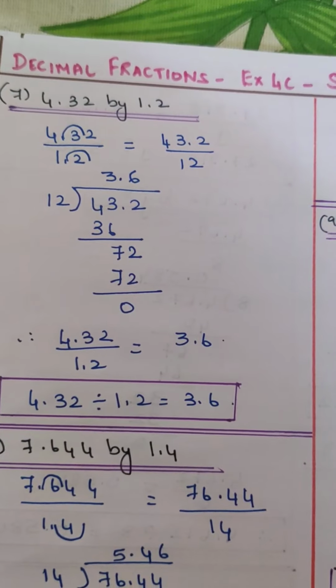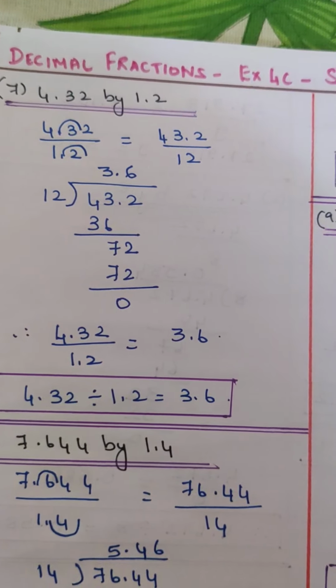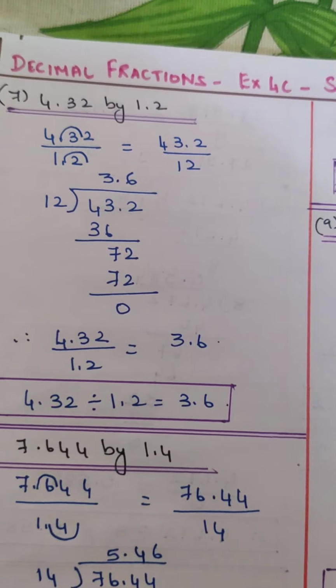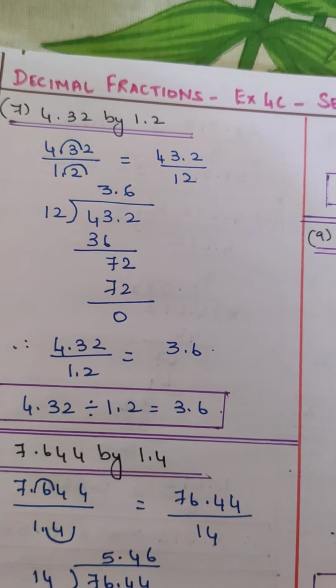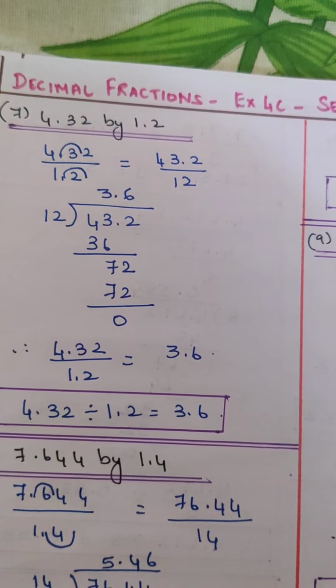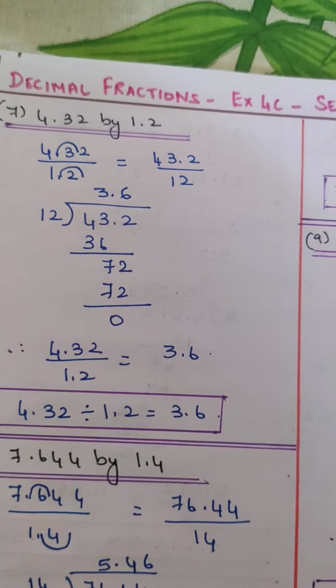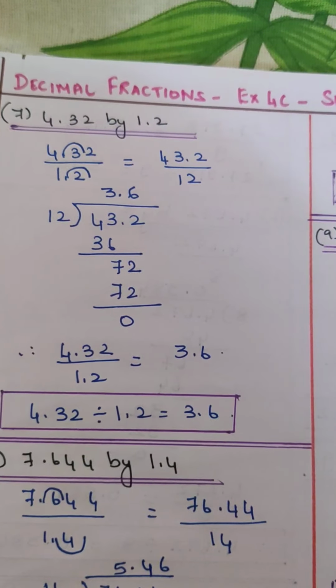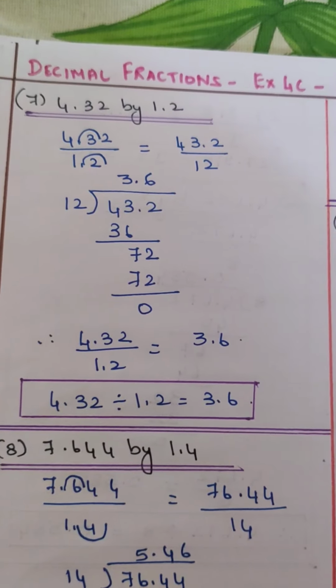So 12 divided into 43.2. 3s are 36. 7 is the remainder. Put a point because you're getting 2 down. So it becomes 3.6. That is, 4.32 by 1.2 is equal to 3.6. I'm just pausing for a few seconds for you to understand the calculation.